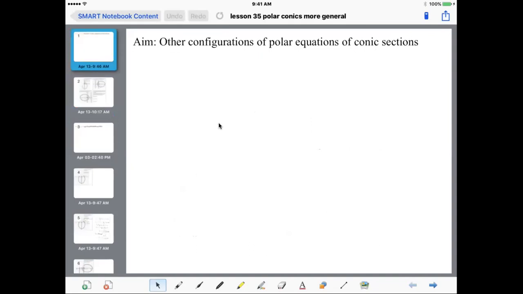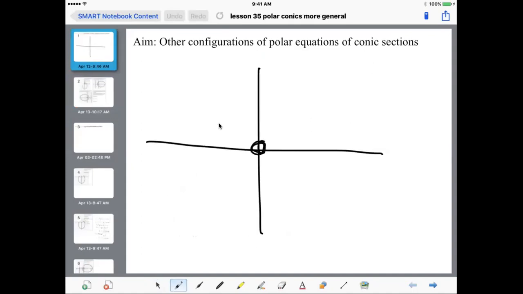Yesterday we derived, as a little bit of a review, that if the focus is at 0, 0, I know I'm calling it 0, 0 that way, I could also call it r theta, the pole.